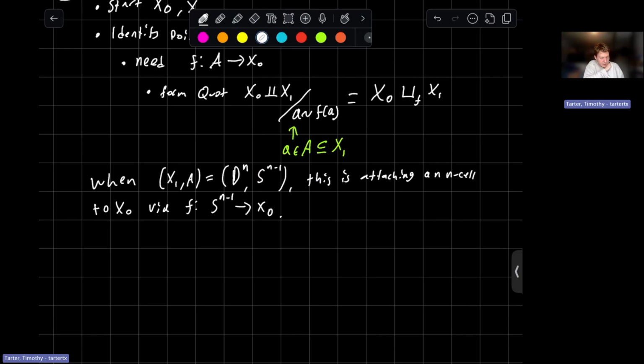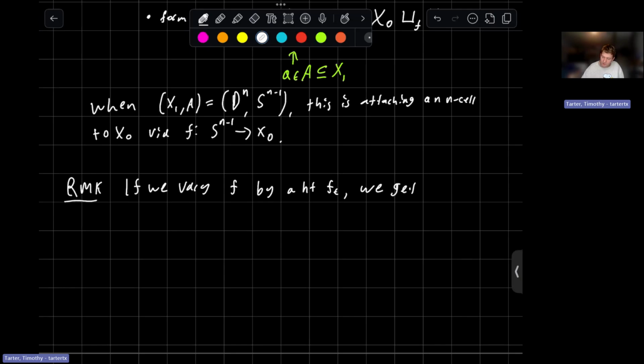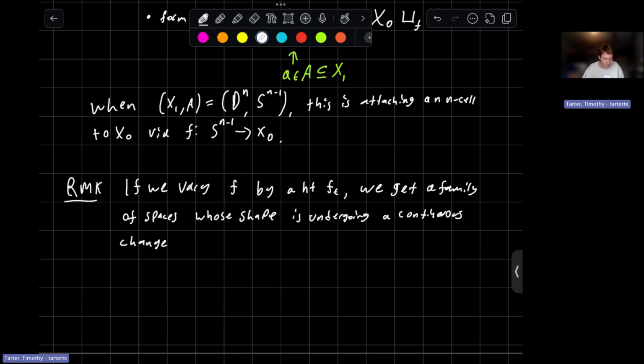If one varies an attaching map by a homotopy, so I guess this is a remark: if we vary the attaching map f by a homotopy f_t, we get a family of spaces whose shape is undergoing a continuous change, it would seem.